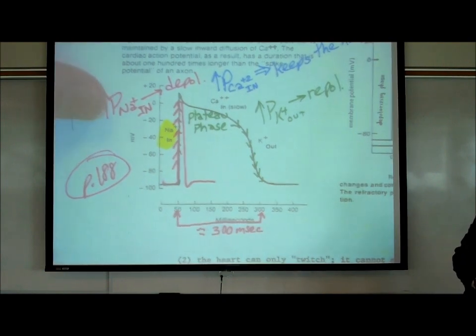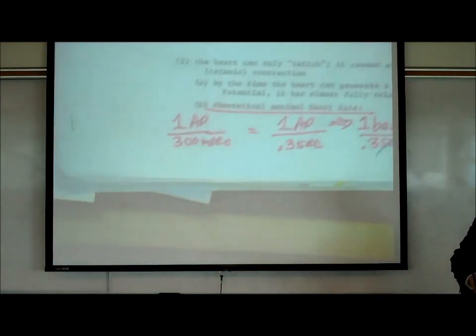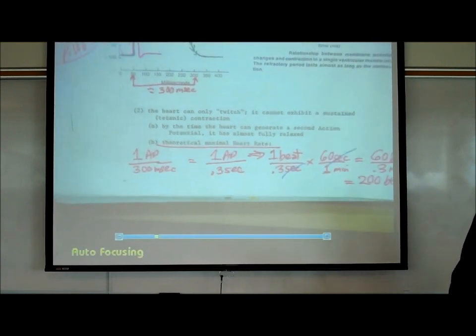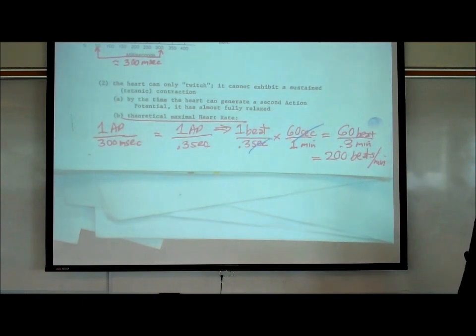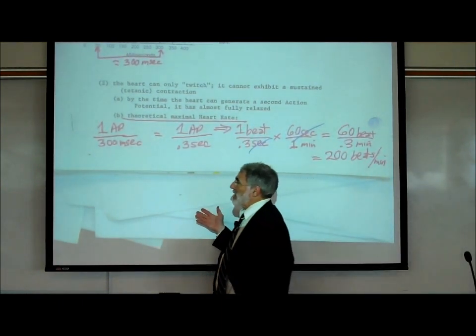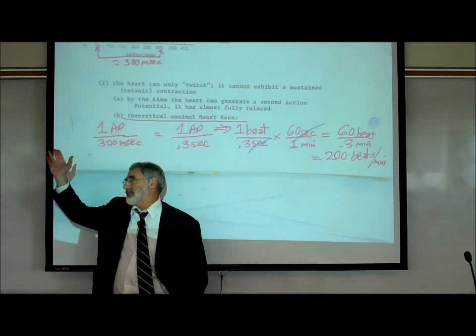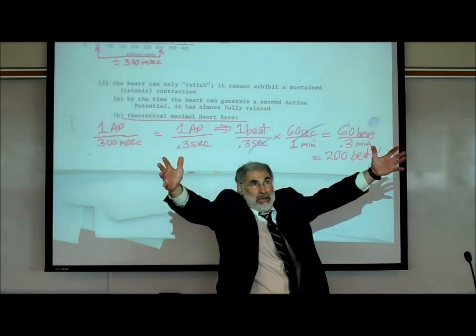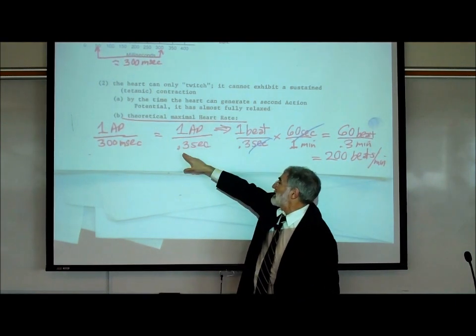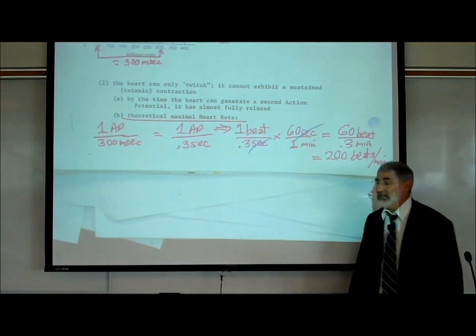This is why we learned at the bottom of the page we could calculate the theoretical maximal heart rate. Remember how we did this? Because we said, this is old stuff, that if these non-pacemaker heart cells can fire 1 action potential per every 300 milliseconds, that's the same as 1 action potential per every 3/10 of a second.